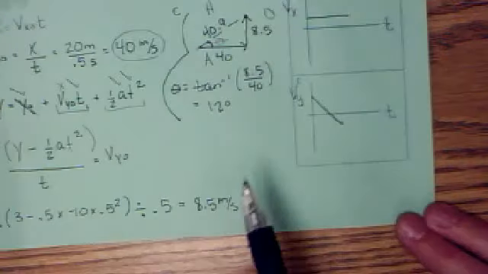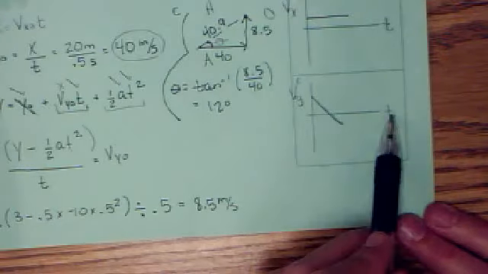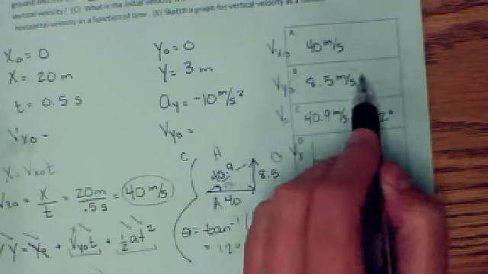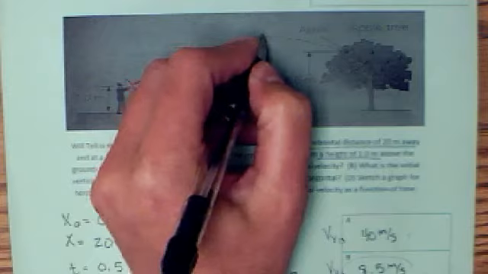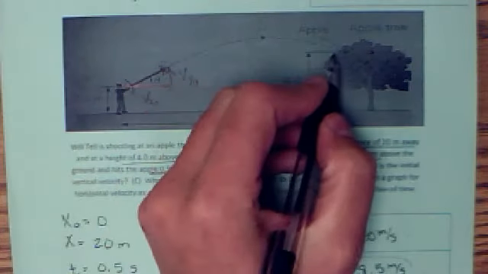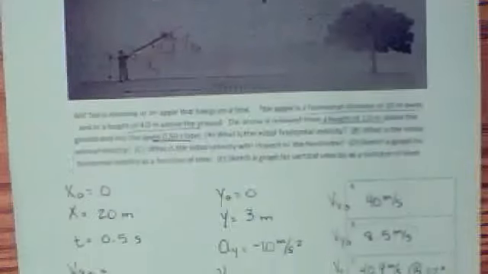E, I had to sketch a vertical velocity as a function of time. And vertically, you can see my velocity is positive. But what happens up here? My velocity is positive here, and it goes up until it hits 0, no vertical velocity, and then it starts going back down again and speeding up while it goes down.